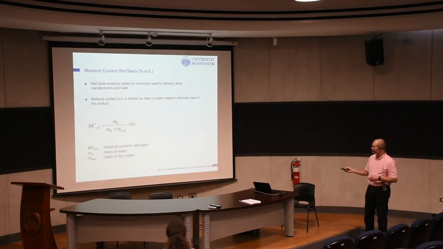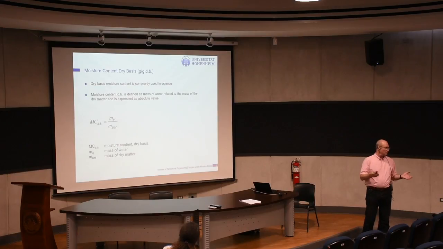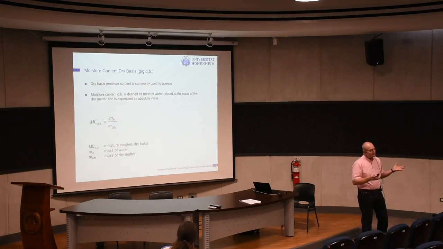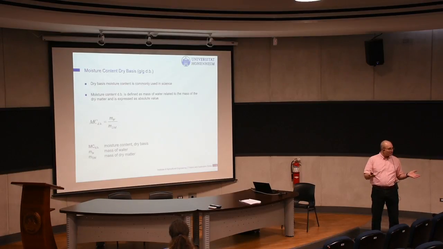Normally we give this in percent, and at least in Germany we give this as a dimensionless figure. It's dimensionless, but our colleagues in the US also convert this into percent, and then the distinction gets lost.